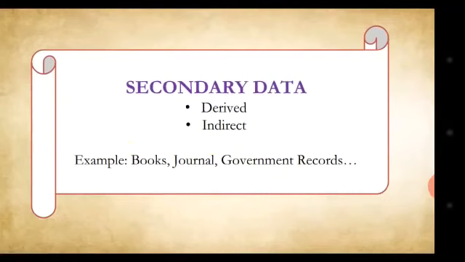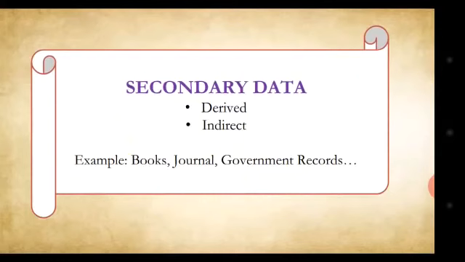Suppose I'm going to check the number of harassment cases against women, how many cases have been filed. I can get all this information which has previously been recorded, and that way I can have such sources of data collection for my research.